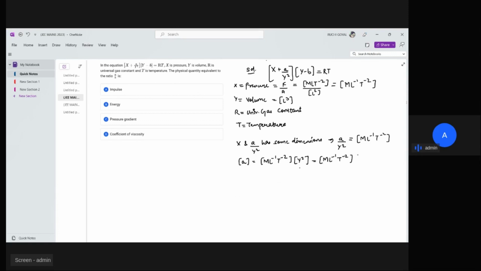L cube. L cube into 2, that is L6. So the final A dimensions is M L raised to power 5 T raised to power minus 2. Right? Now B and Y have same dimensions.